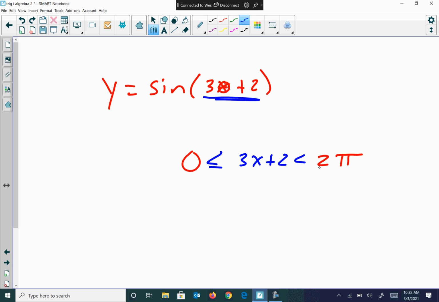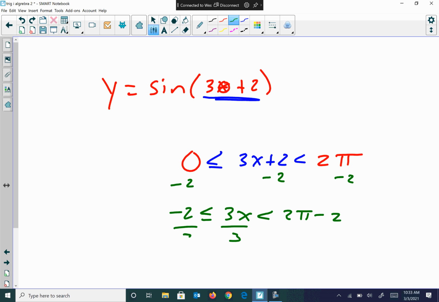So you're going to do that, and then if you do the math to it, and then divide by 3, that is where your shift took place.